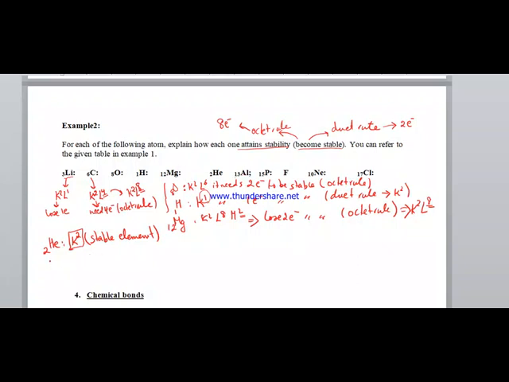For aluminum, K2L8M3, it is in column 13, holds 3 valence electrons, so it loses 3 electrons to be stable, satisfying the octet rule.